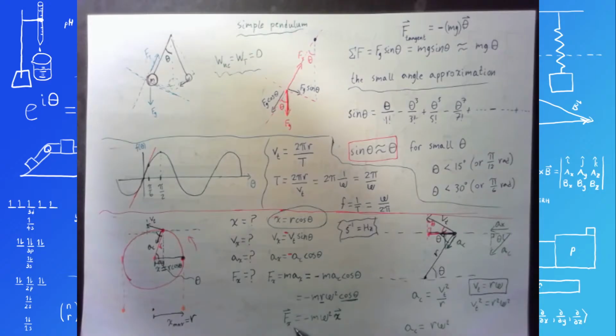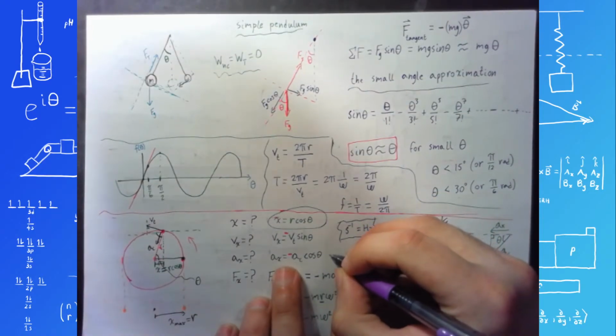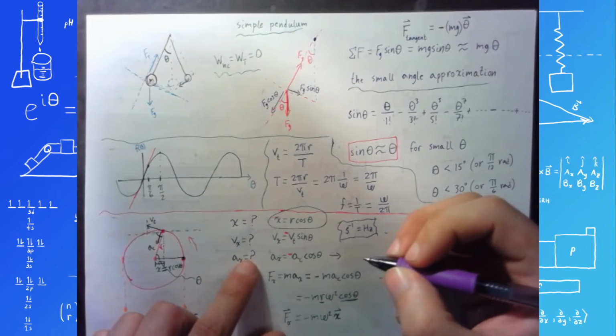this. Let me see. Fx is equal to negative m omega squared x. So if I divide back by m, that would allow me to redefine acceleration.